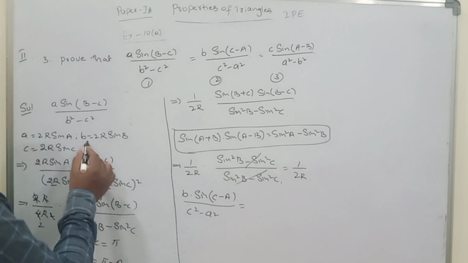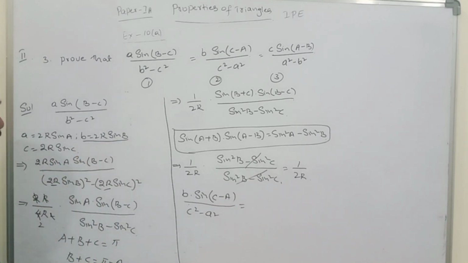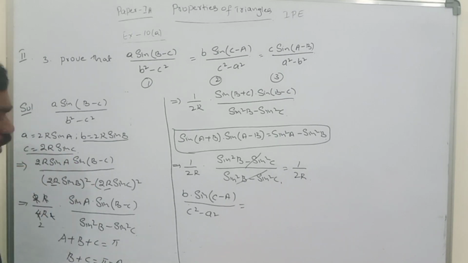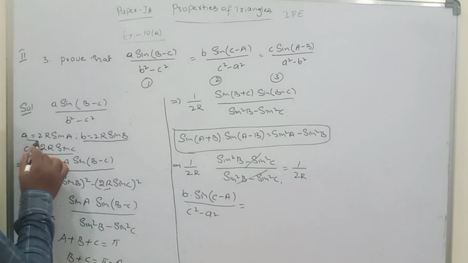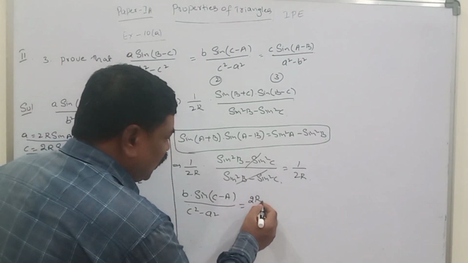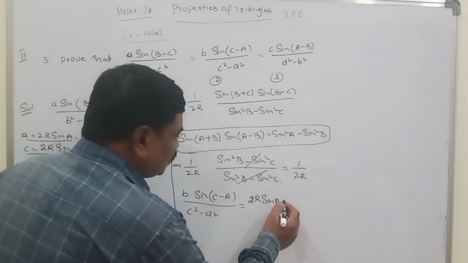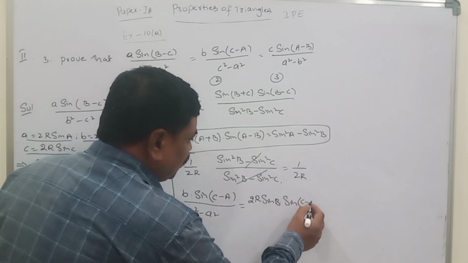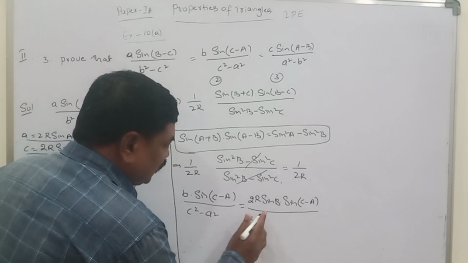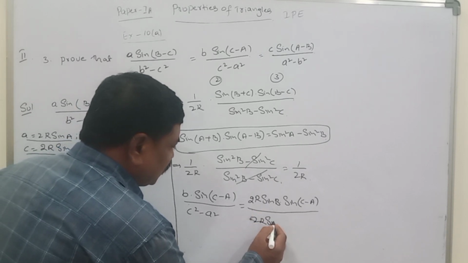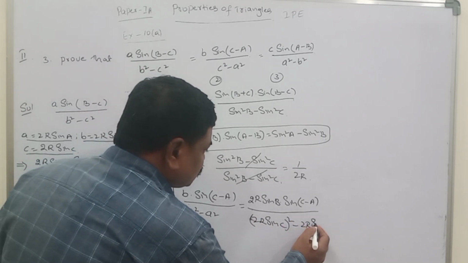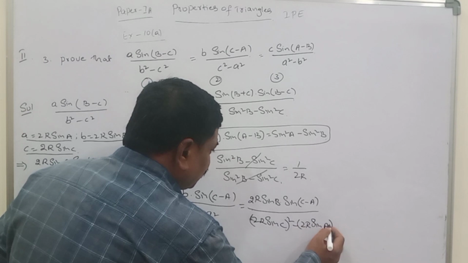What is b here? b is equal to 2r sine B. What is c here? c is equal to 2r sine C. What is a here? a is equal to 2r sine A. Then this is 2r sine B into sine of (C minus A) by denominator 2r sine C whole square minus 2r sine A whole square.